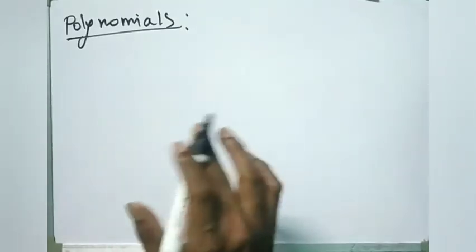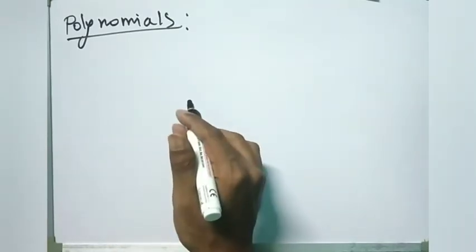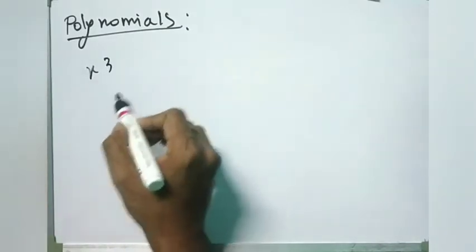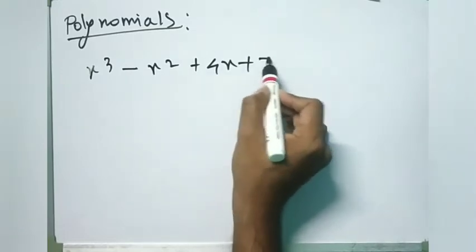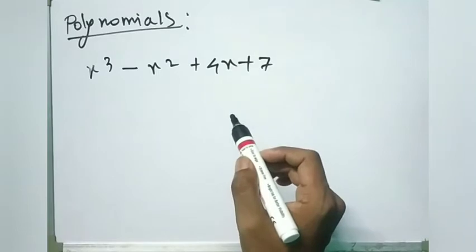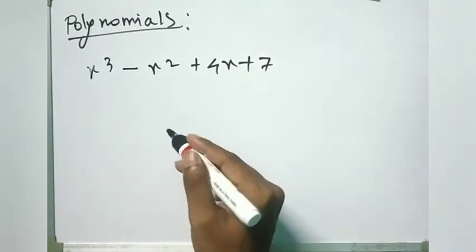Okay, so let me write one example of a polynomial. I am writing x cube minus x square plus 4x plus 7. This is a polynomial in one variable. What do we mean by polynomial in one variable?